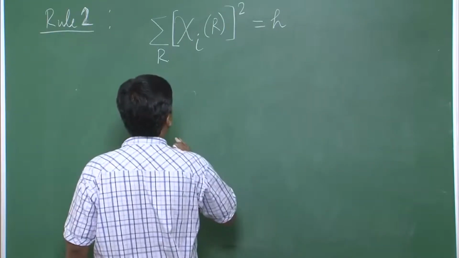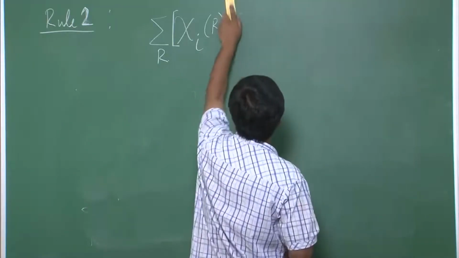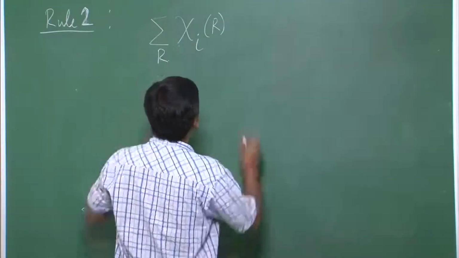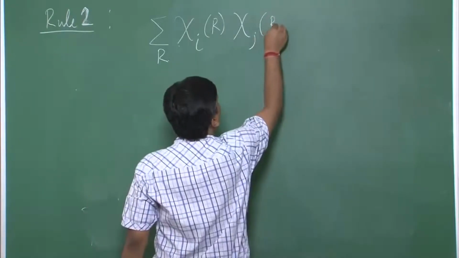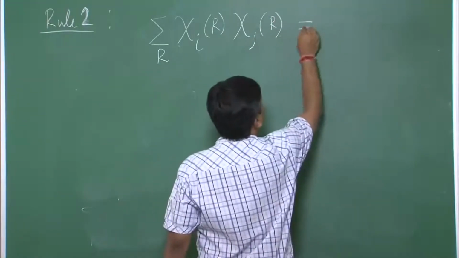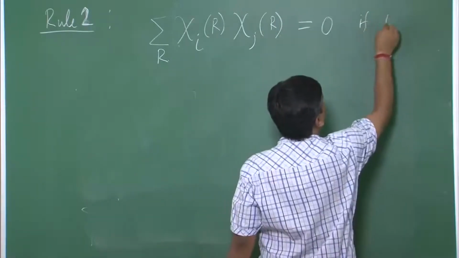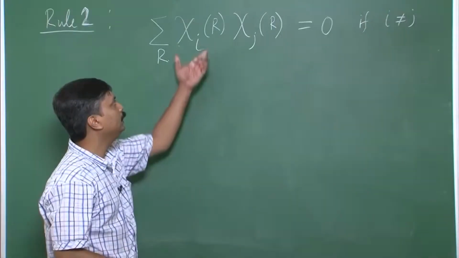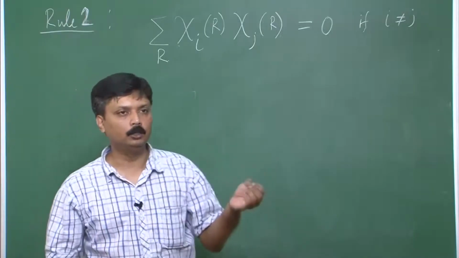What does it say? It says, if I not equals to j, these are the characters for a given particular irreducible representation.